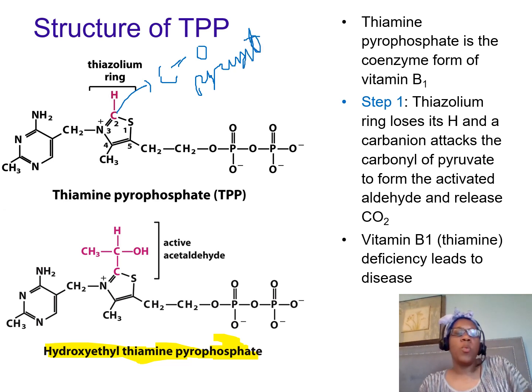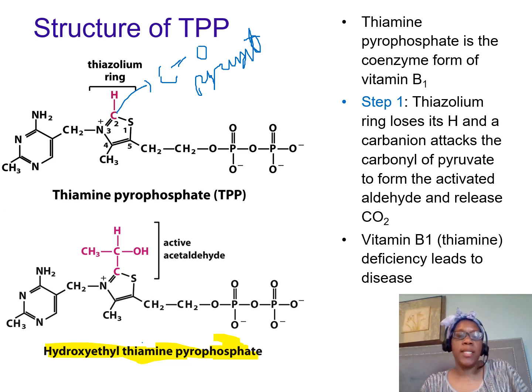All right, so we have this carbanion that attacks the carbonyl carbon of pyruvate, and then we have this hydroxyethyl thiamine pyrophosphate, this hydroxyethyl TPP. So basically, and then the CO2 leaves, so the CO2 is released.